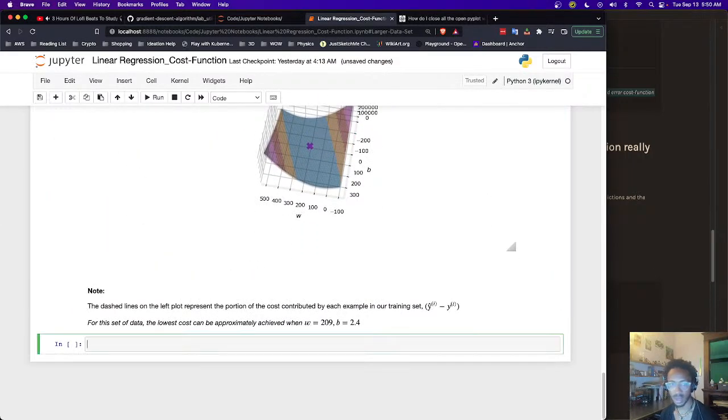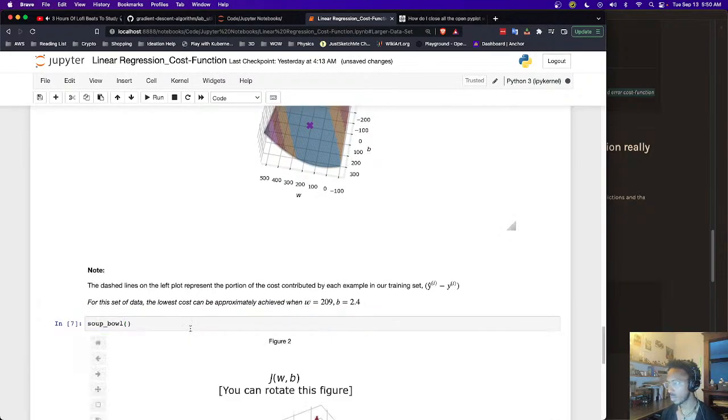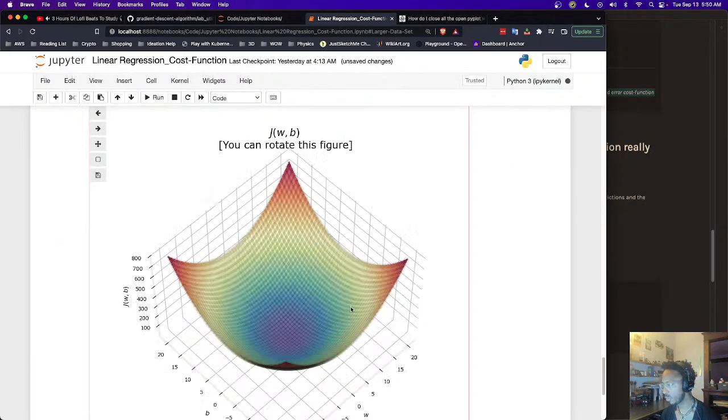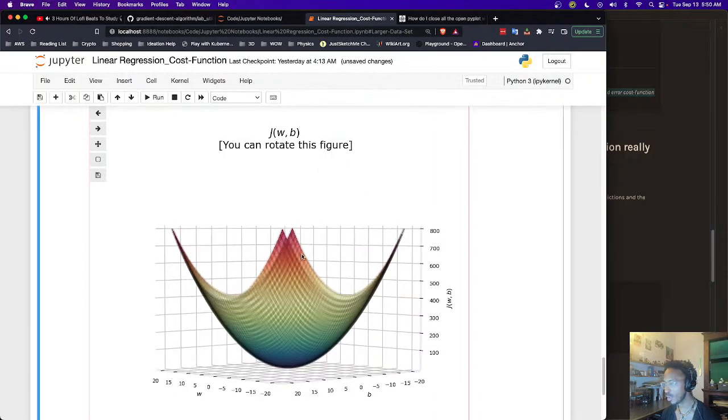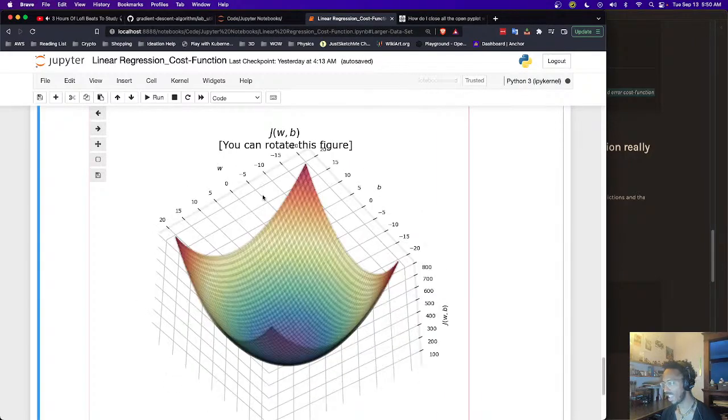Never mind, ignore me. Okay, so we're going to render our soup bowl. I spelled soup wrong. This is the soup bowl. It's beautiful. Look at that.